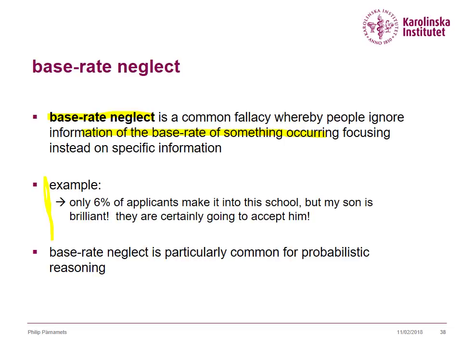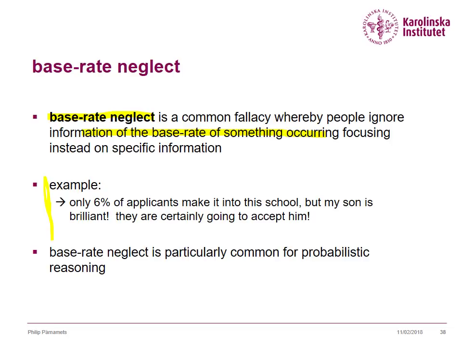Instead, what the parent is doing here is ignoring the information that the school is highly selective, meaning that likely of the children that do get accepted, all are brilliant. In other words, the base rate of brilliant children getting accepted into the school is very high. Therefore, the information that the child is brilliant does not strongly support the parent's claim.